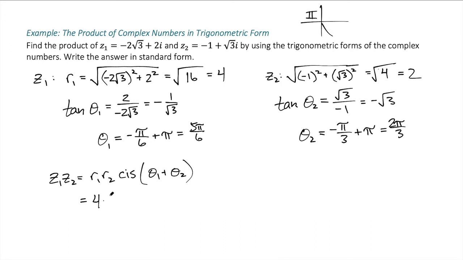That's 4 times 2 times the cis of theta 1, which is 5 pi over 6, plus theta 2, which is 2 pi over 3. This is 8 cis of, this is 9 pi over 6, which is 3 pi over 2. We'll go ahead and just write that, 3 pi over 2.